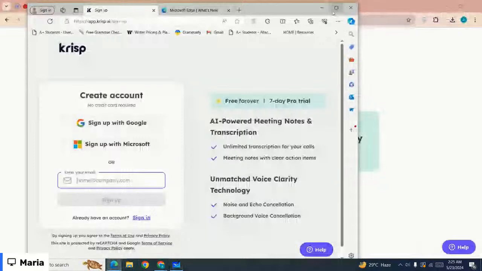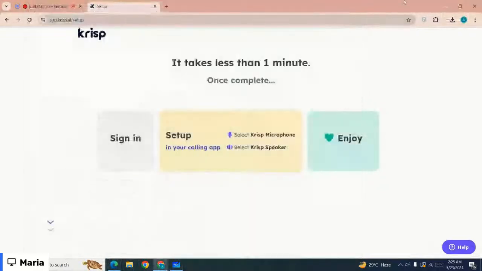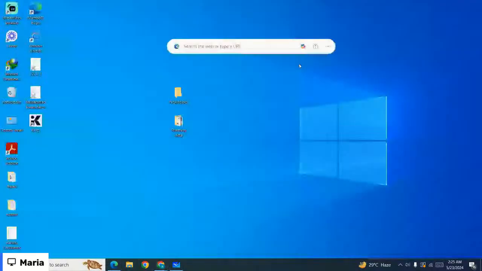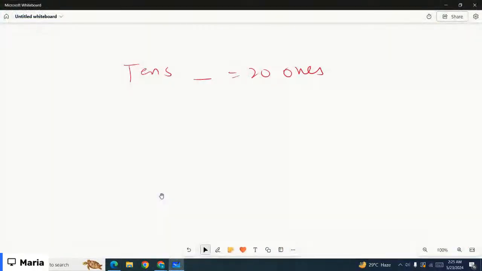Okay, now the next one, you are given the ones and you have to find how many tens we have, right? So 20 ones, you have to find how many tens we are given. Which is the correct option? 20 ones, right? That means the number is 20.